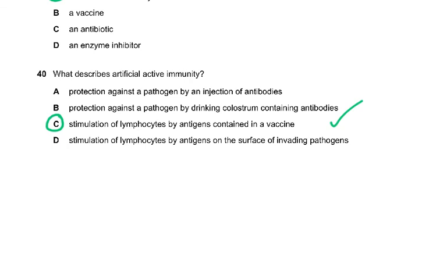And then stimulation of lymphocytes by antigens on the surface of invading pathogens is like a person suffering from measles and becoming sick and having fever and then never having measles ever in his life. Now that is natural active immunity. They were asking for artificial active immunity. So all four were in the answer, and you have to figure that out.